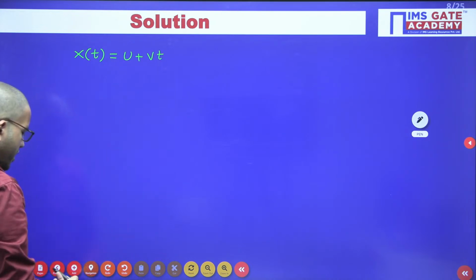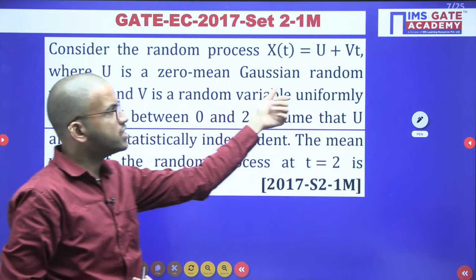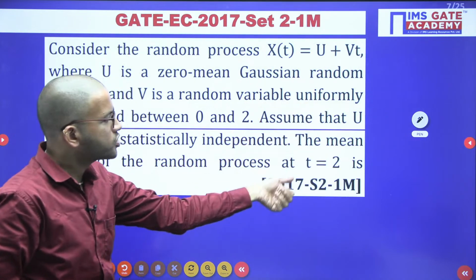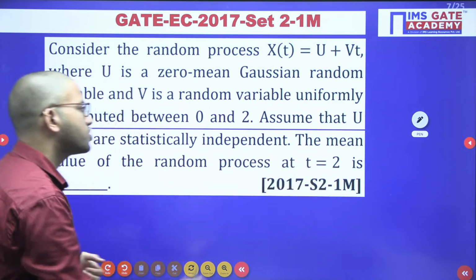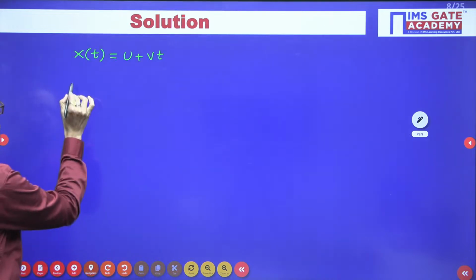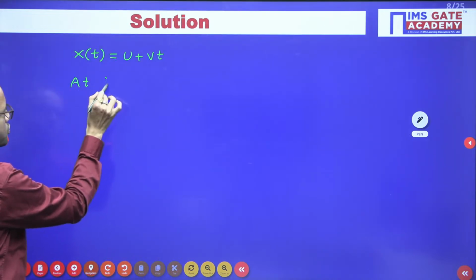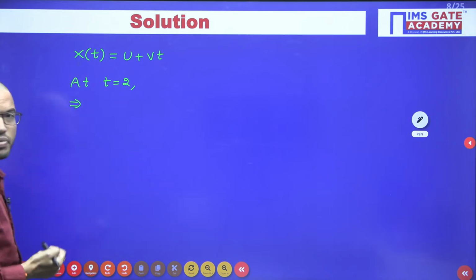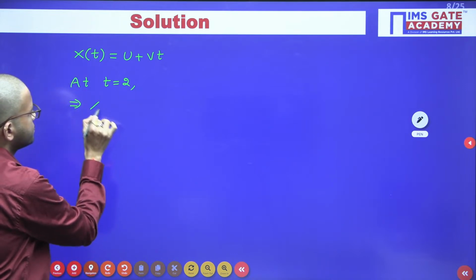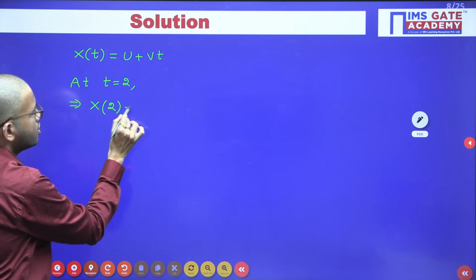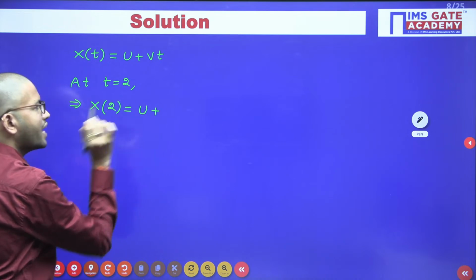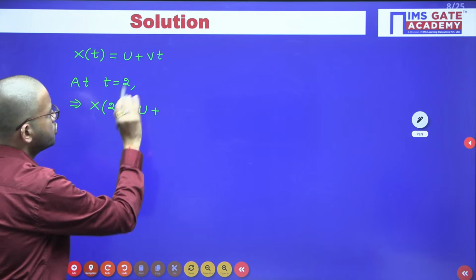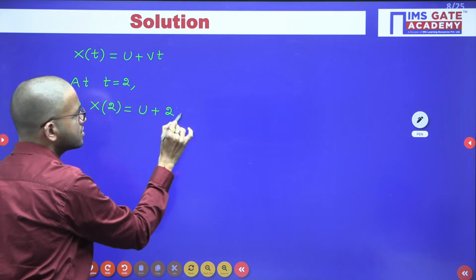The question is at t equal to 2, so substitute t equal to 2. At t equal to 2, this equation becomes X of 2 is equal to U plus V into 2. For the timing, I am writing it as 2 times V.